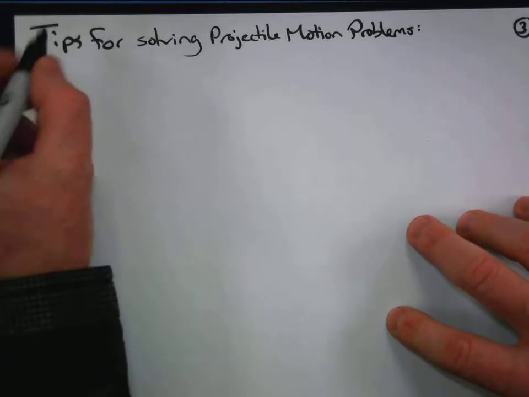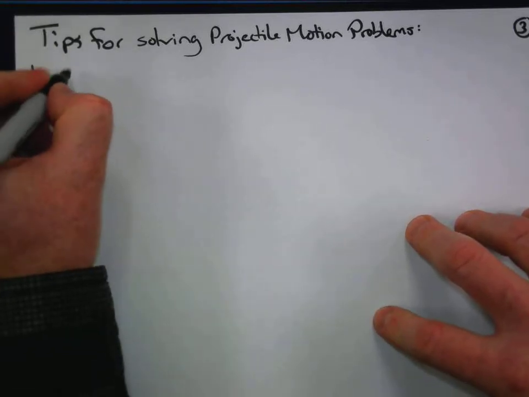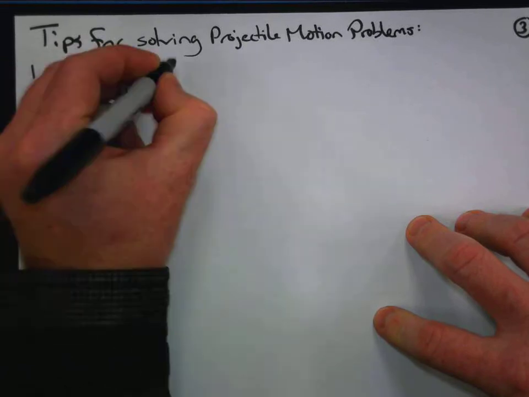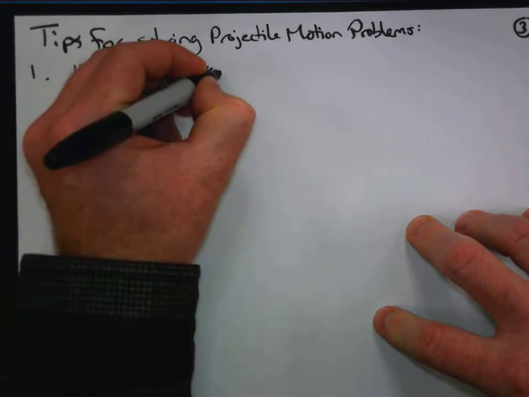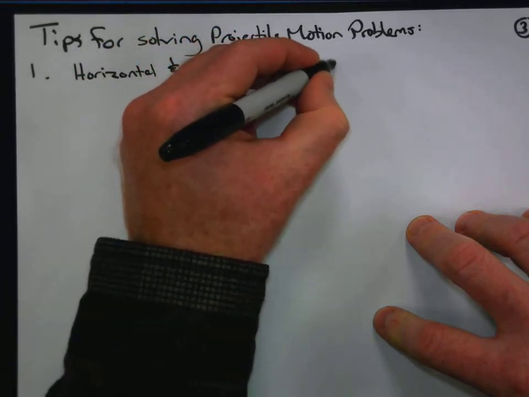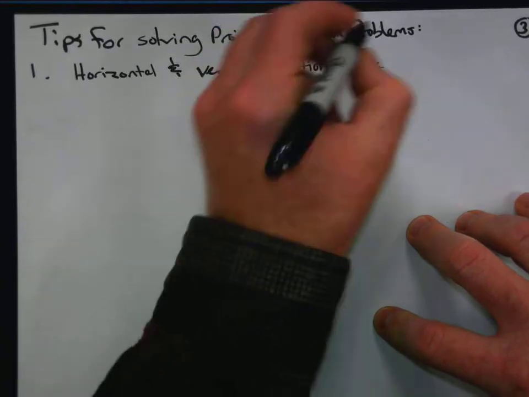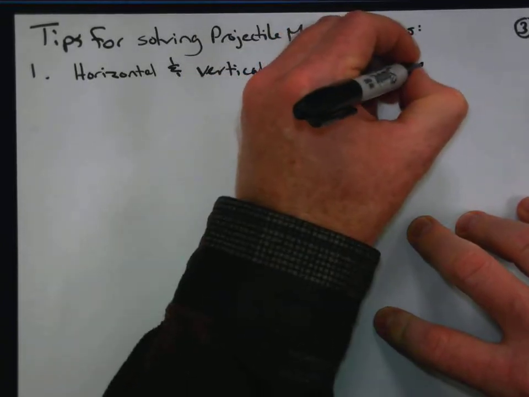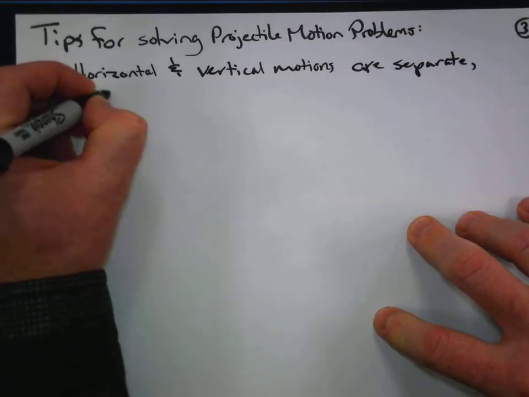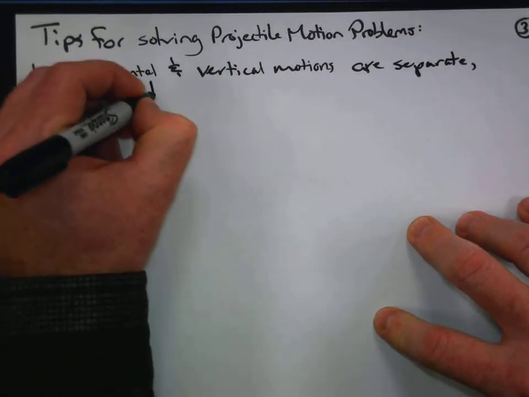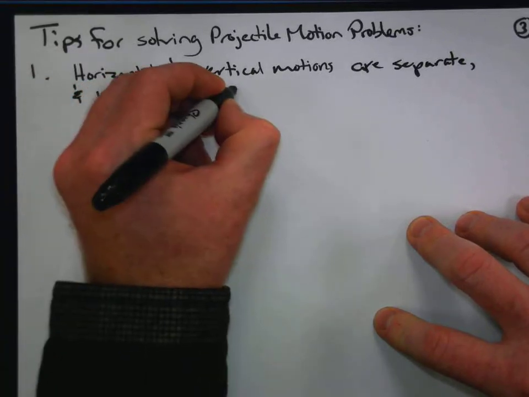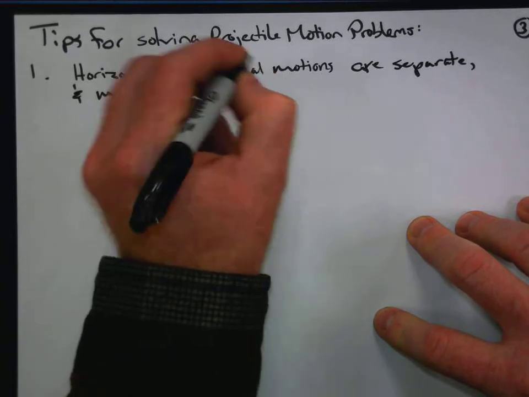So, number one rule: the horizontal and vertical motions are separate, and must be dealt with separately.